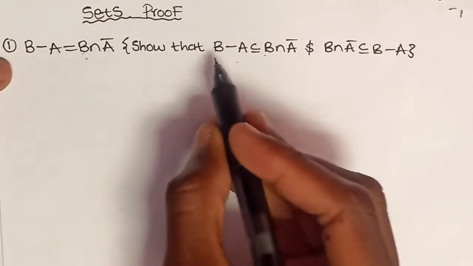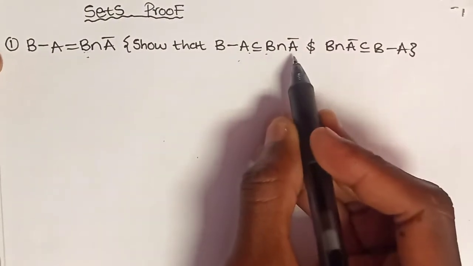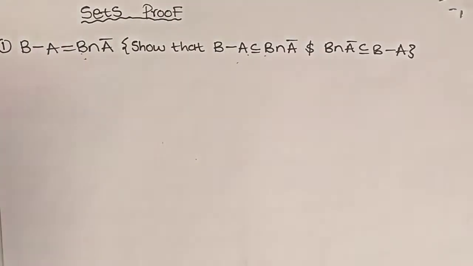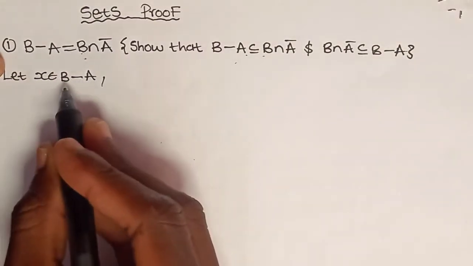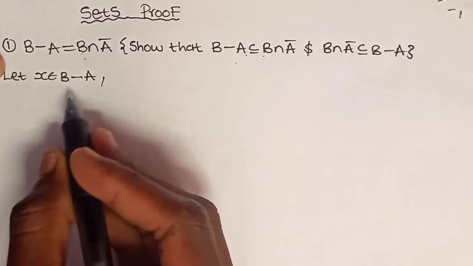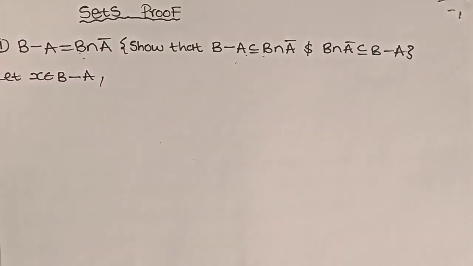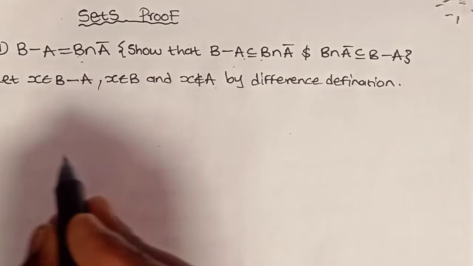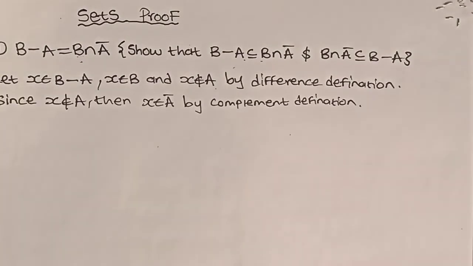Let's firstly show that B minus A is a subset of B intersect A complement. So we're going to let X be an element of B minus A. If you can realize, B minus A is the difference, and by the difference definition, if X is an element of B minus A, it means that X is an element of B and X is not in A. So since X is not in A, then X is in A complement by the complement definition.